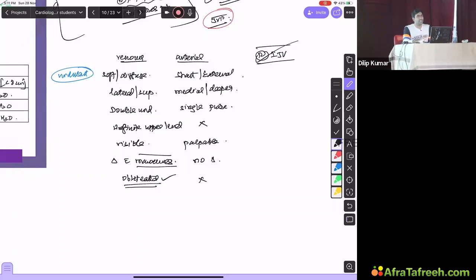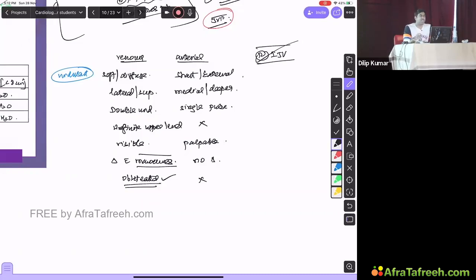And there is another question: why do you prefer internal jugular veins over external jugular veins? First point, many Indian textbooks will say no valves. That is an absolutely wrong statement according to literature. Almost every single literature and anatomical textbook says that internal jugular veins do possess valves. In fact, any deep veins must possess valves. That is in nature.